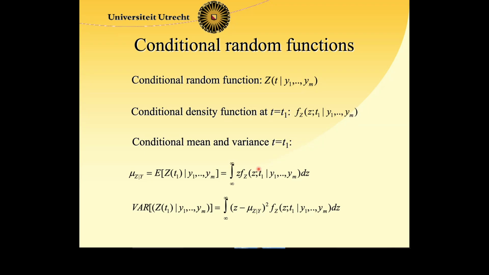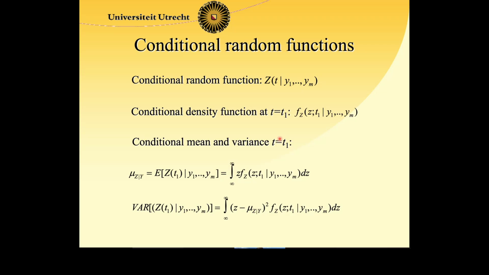So we apply Bayes' rule to find the conditional function of z given the observations, and all of these things like Kriging, Kalman filtering, time series analysis in forecasting mode, are special cases of constructing a conditional random function, either in space or in time.